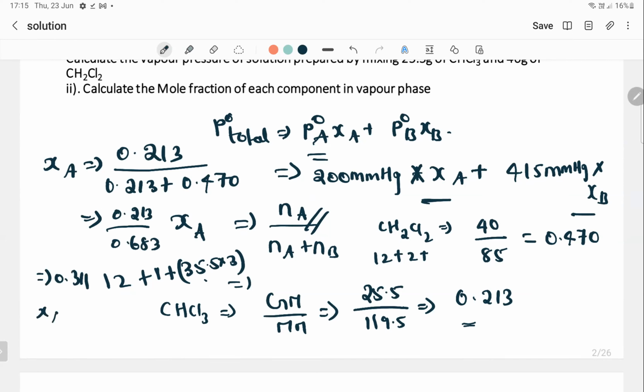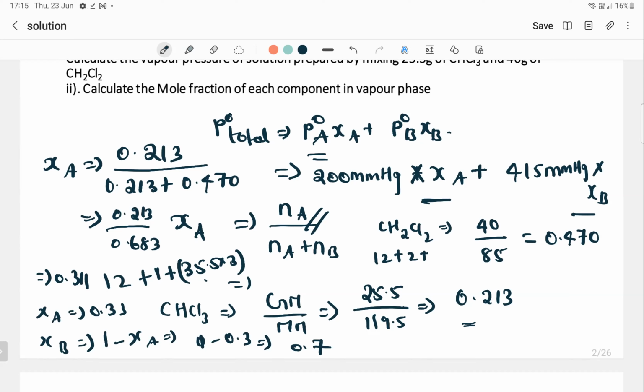So XA is 0.3, and XB is equal to 1 minus XA, which is 1 minus 0.3, so 0.7. Understood the values?